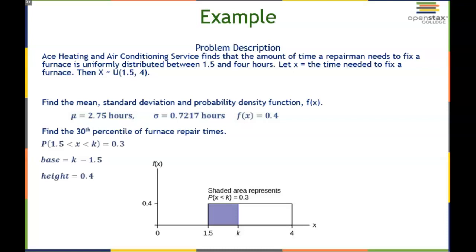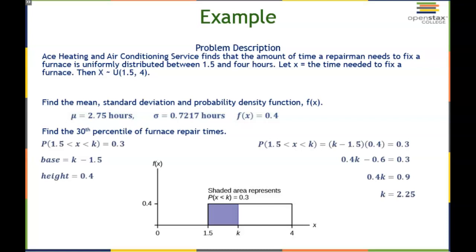I know if I multiply these two things together, they are going to equal the 0.3 probability. So k minus 1.5 times the 0.4 equals 0.3. From here, it's an algebra problem that I'm solving for k. 0.4k minus 0.6 equals 0.3.